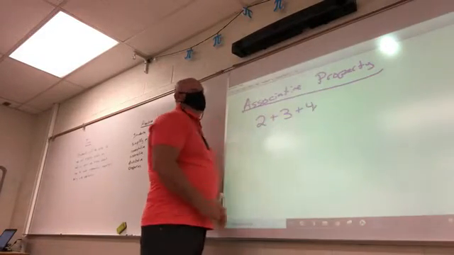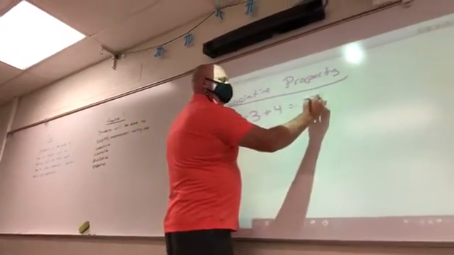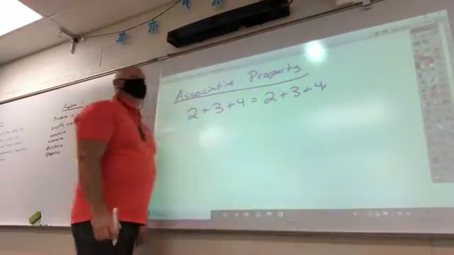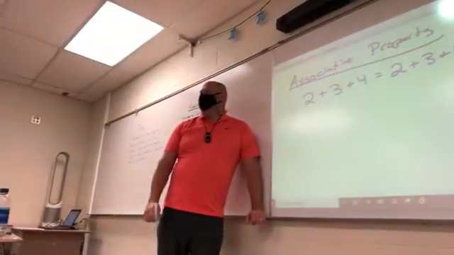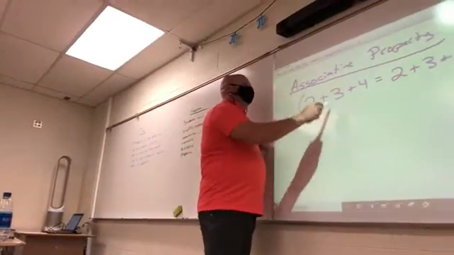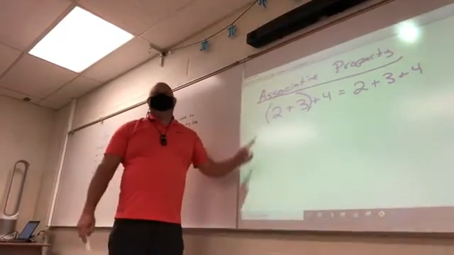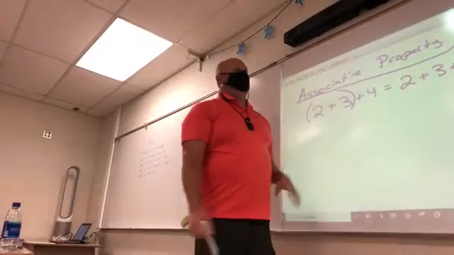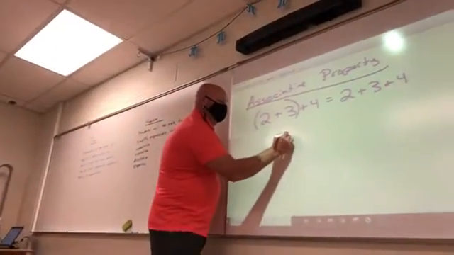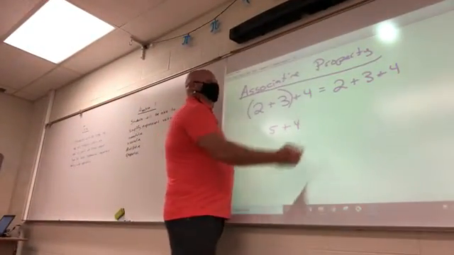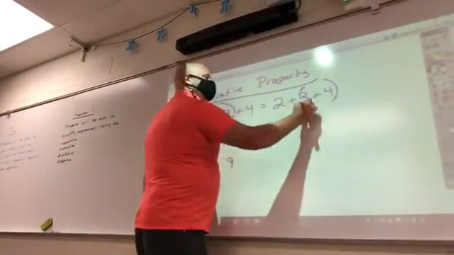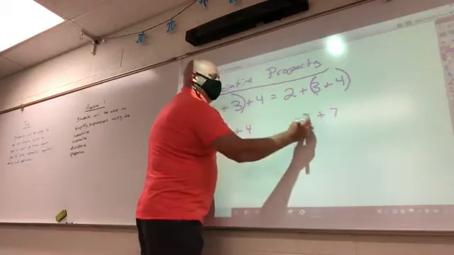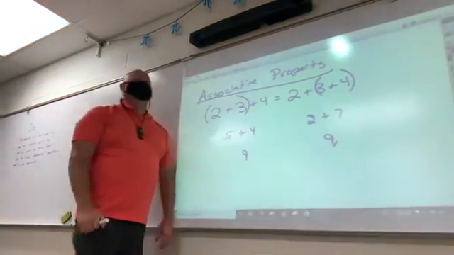If I have to add 2 plus 3 plus 4, there's actually two different ways I can add those together. If I want, I can go 2 plus 3 is 5, and then 5 plus 4 is 9. Or I could do the 3 and the 4 first, which would be 7. Either way, I would get 9.